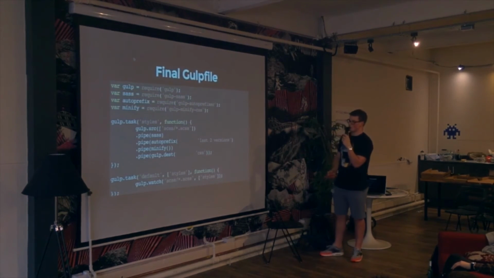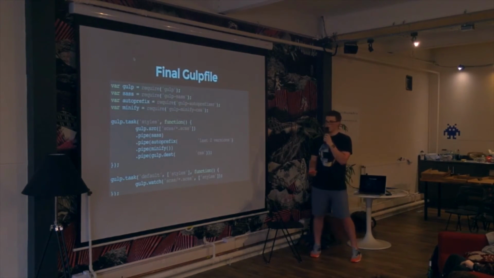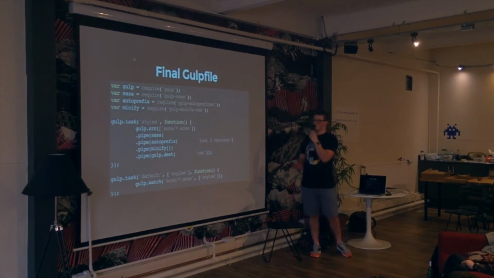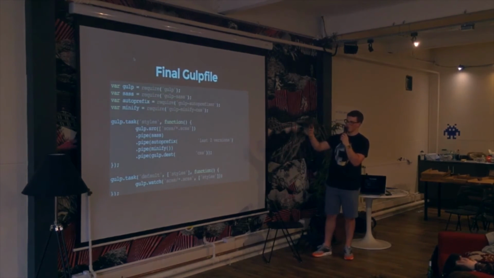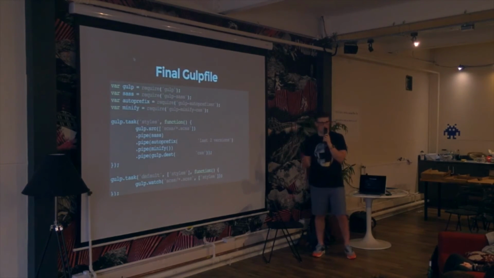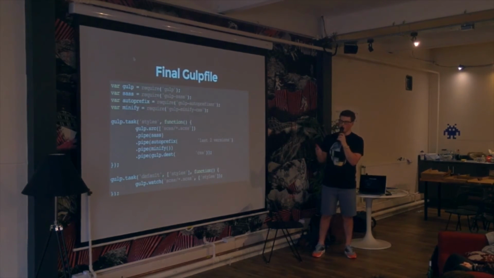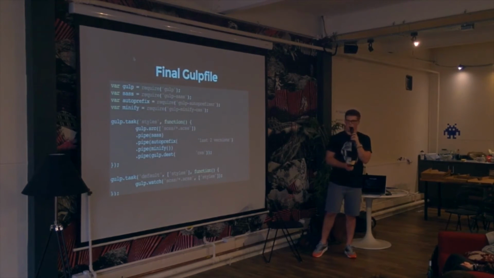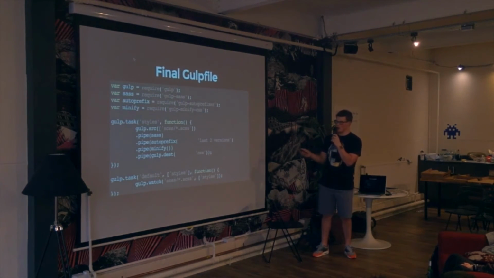So this is the final Gulp file for us to get to the stage of production CSS. As we saw first, we were creating variables for all our plugins. Obviously, the only one that is actually required in this instance is Gulp. The other three depend on what you're trying to do with Gulp. In this instance, we need them for the CSS.